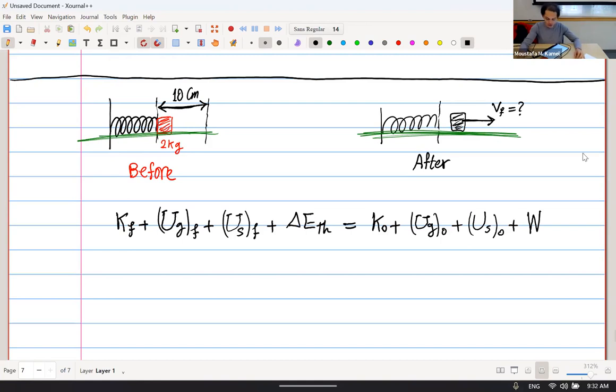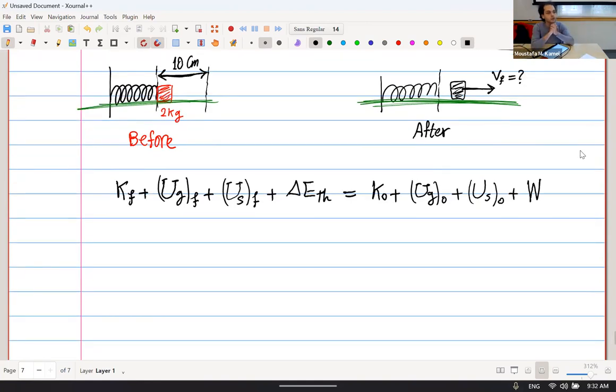So first question, is there any net work on the system? External work? Any suggestions? Yeah. If we're having to push in on the spring. I'm assuming you start with the spring already compressed.